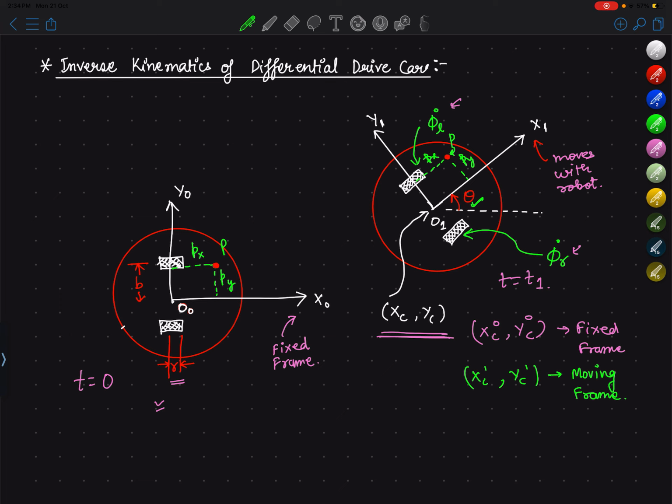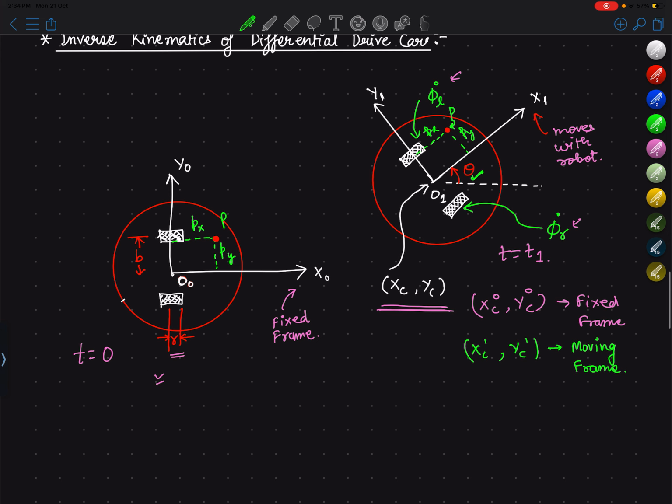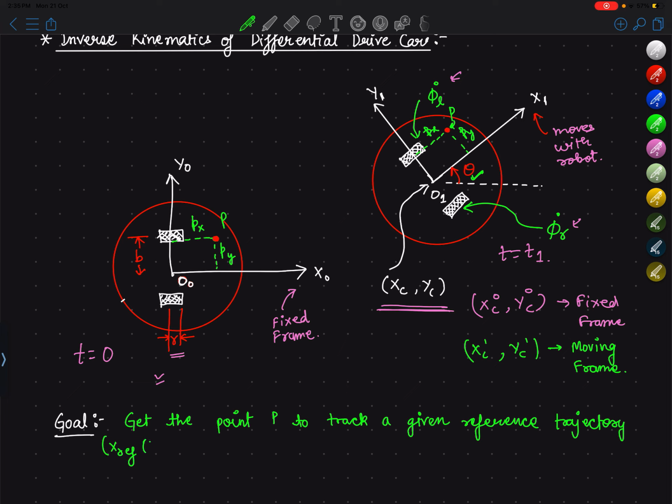That's the goal: get the point P to track a given reference trajectory, xref and yref.